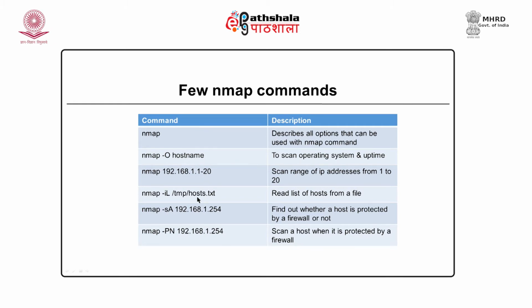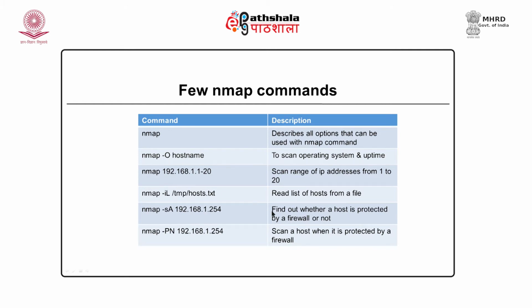Now, if I want to read hosts from a file, suppose I have different IP addresses and I want to do a routine checkup, my hosts.txt file will contain all IP addresses or the host names, and my Nmap utility will read each and every IP address and will do a port scan.